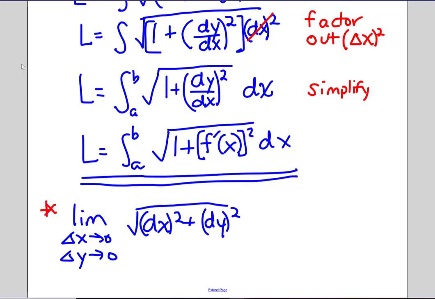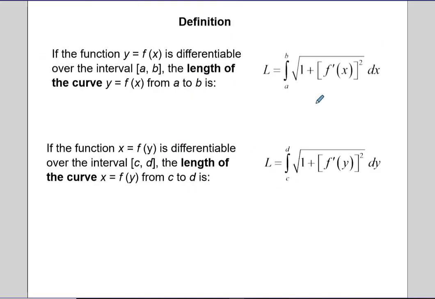Now that was the reason why we set the restrictions, that the curve had to be smooth, the limit had to exist, and the function was smooth on the interval if it has a derivative f prime that is continuous throughout the interval. So those are our conditions.